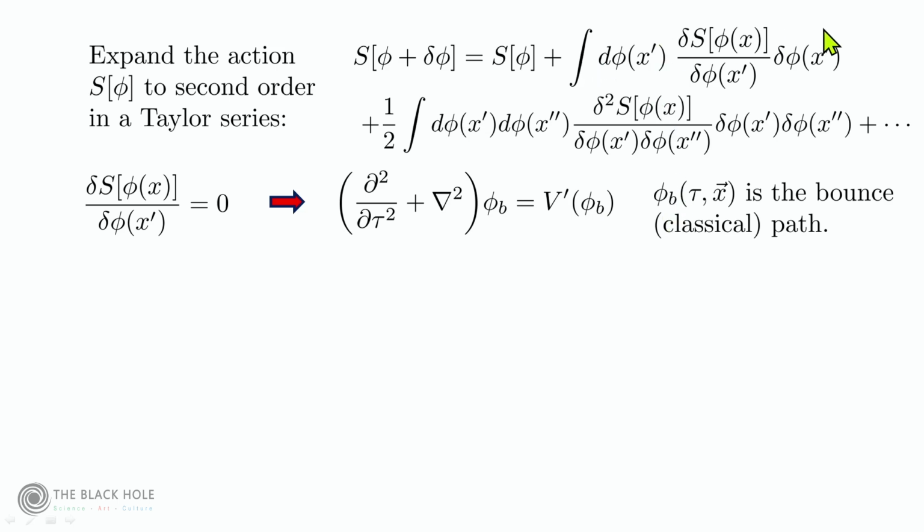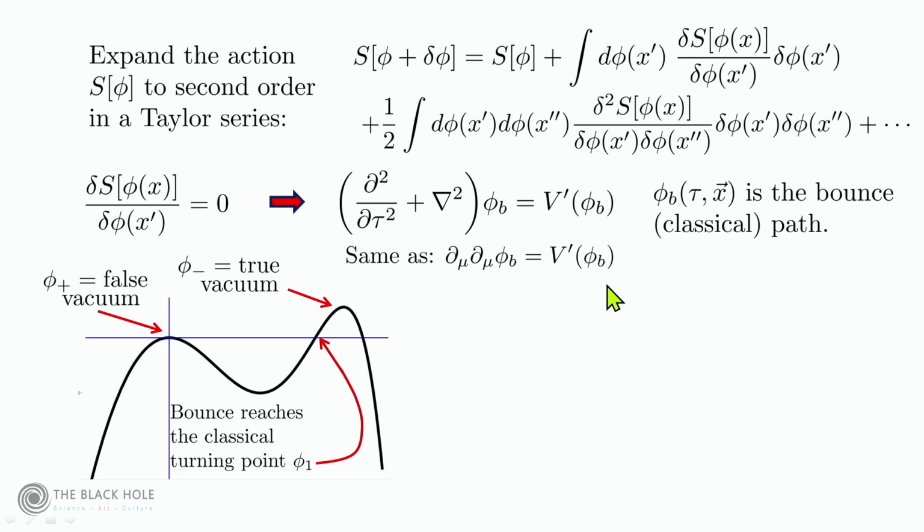So this is classical, and now this stuff over here will give us the quantum corrections. A shorter way of writing this in the Einstein summation convention is d mu d mu phi equals V prime. This is what you saw before.